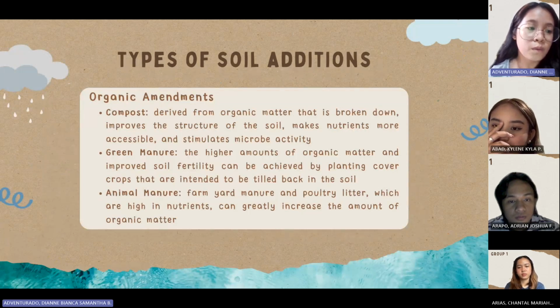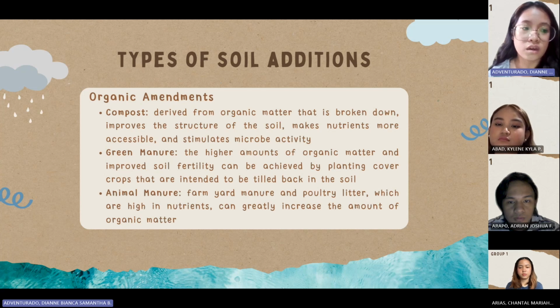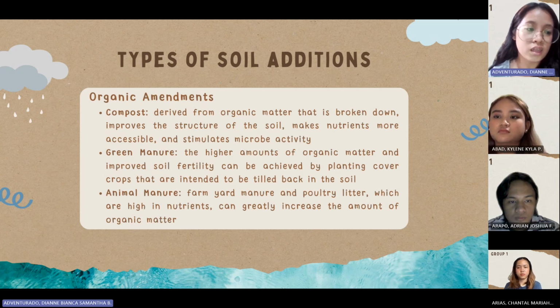The first one is compost, which is derived from organic matter that has broken down. It improves the structure of the soil, makes nutrients more accessible, and stimulates microbe activity. It can also improve drainage in clayey soils and aid in moisture retention in sandy soils. Next is green manure.